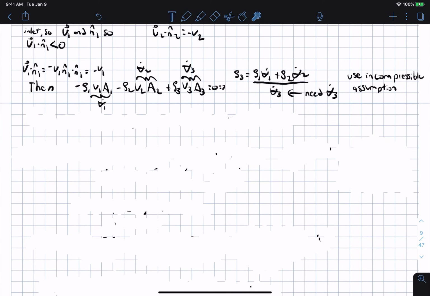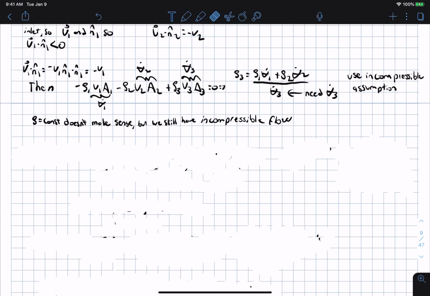So I apply the incompressible flow condition for a non-deforming control volume. And again, constant density does not make sense, but as I argued before with the trapped air bubble, we still have an incompressible flow.